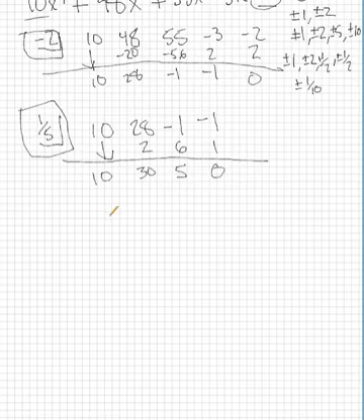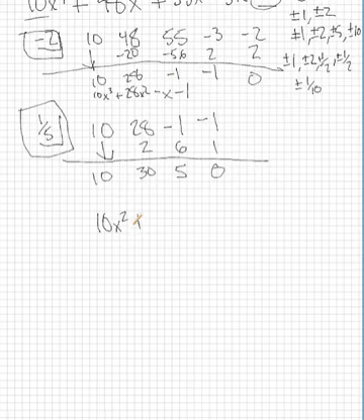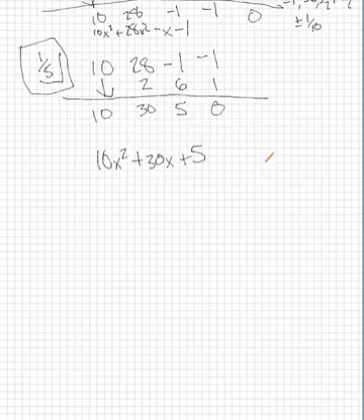So I'm going to write this as a polynomial now. This is x squared. So if we wrote this as a polynomial, it would be 10x cubed plus 28x squared minus x minus 1. But this one's going to be 10x squared plus 30x plus 5. And if we try to factor it, it's not actually going to factor. So we're going to do side work again.